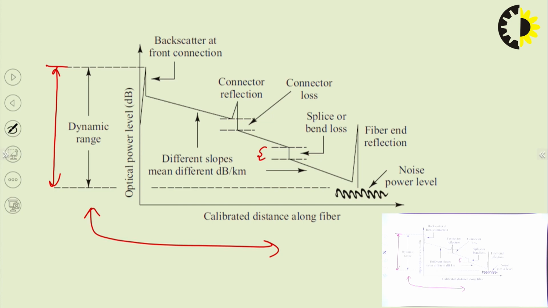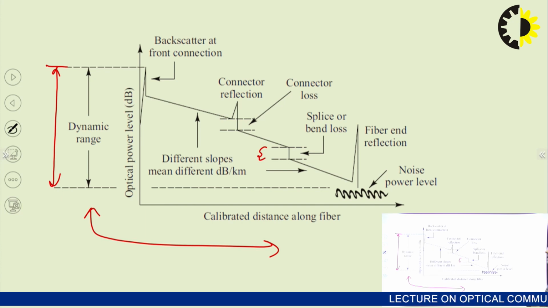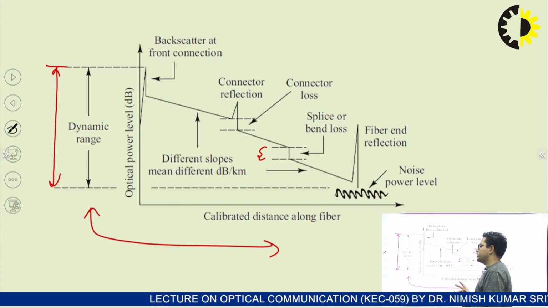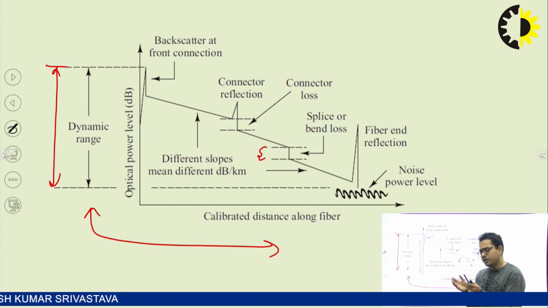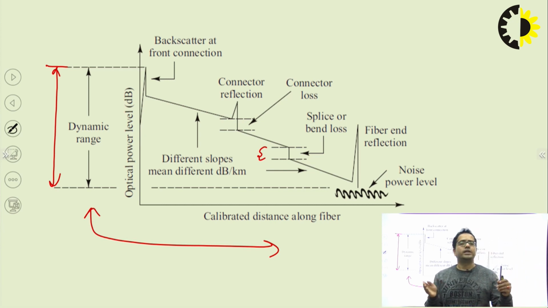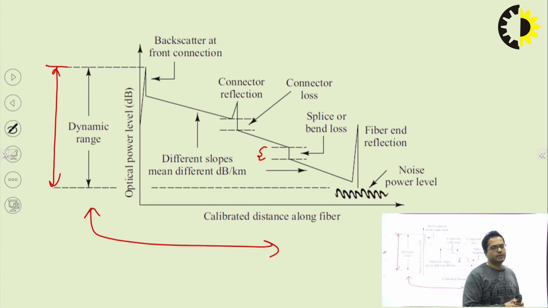Dynamic range is the difference between the maximum power of the first maximum backscattered value and the noise power level at the far end. So that difference gives us the dynamic range of the OTDR, and the range of the OTDR to measure all those reflections and power levels can easily be determined by this dynamic range.